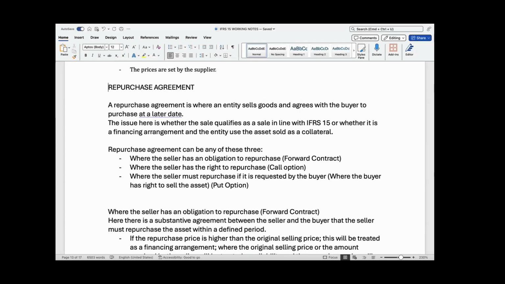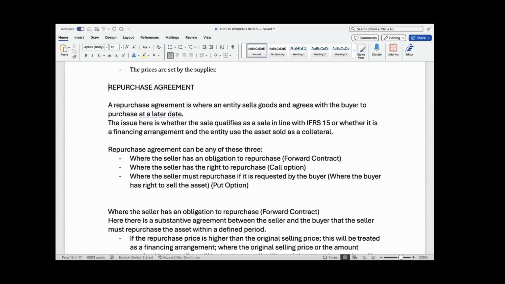So what we need to identify, the major issue here, the only thing we need to sort out and understand very well, is two things. We need to identify whether the sale qualifies as a sale in line with IFRS 15, or whether it is a financing arrangement and the entity just used the asset as collateral. You said you sold, but did you actually sell? Did you actually transfer control of the goods to the buyer? Or are you just indirectly trying to borrow money?